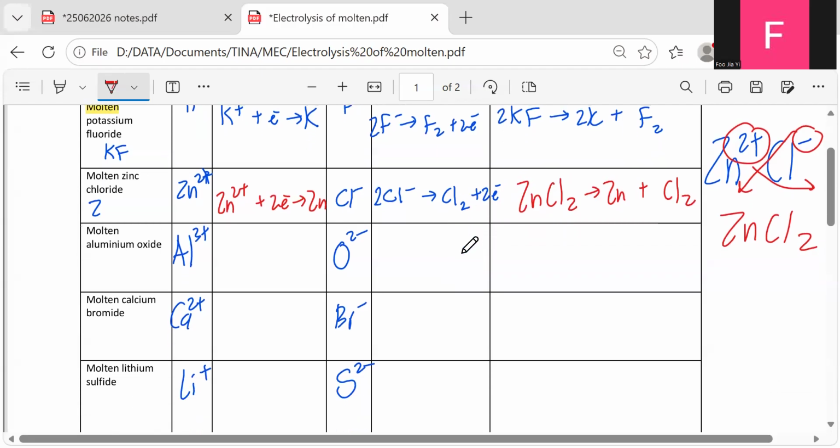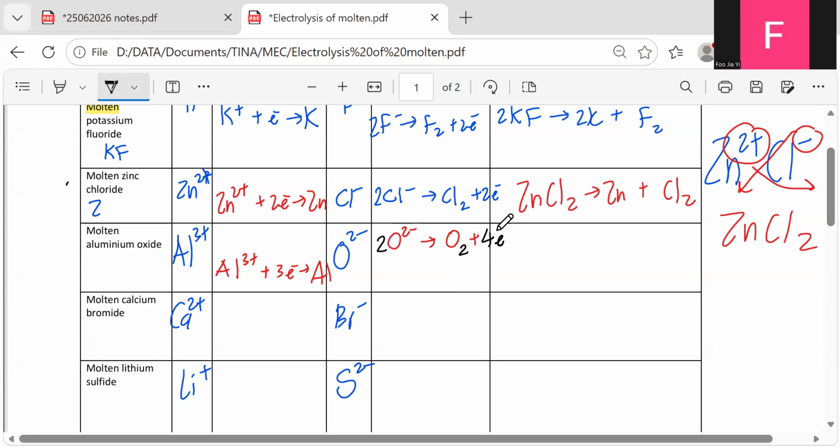Okay, all right. Let's try this. Aluminium receives how many electrons to form Al? Now, oxide is 2 negative. Okay, look here first. In order to form oxygen, it will release 2 electrons. But oxygen exists as O2. So if you want to have 2 here, you must have 2 there.